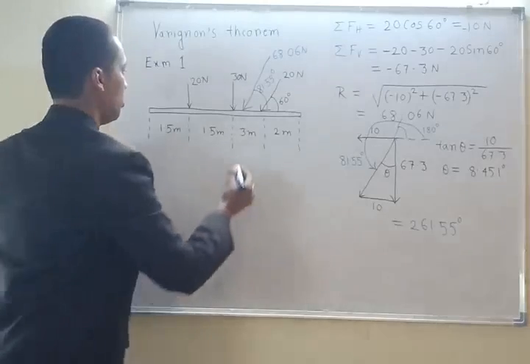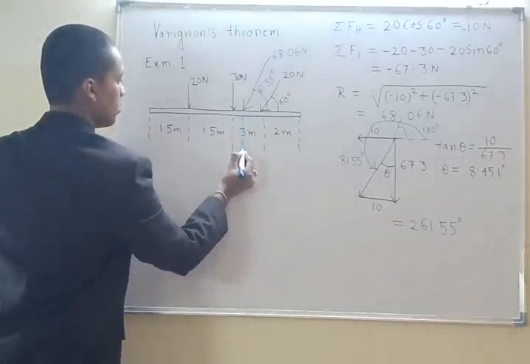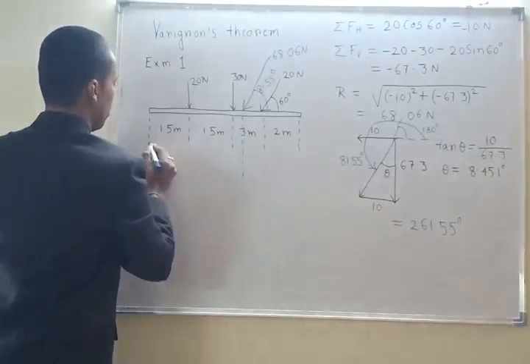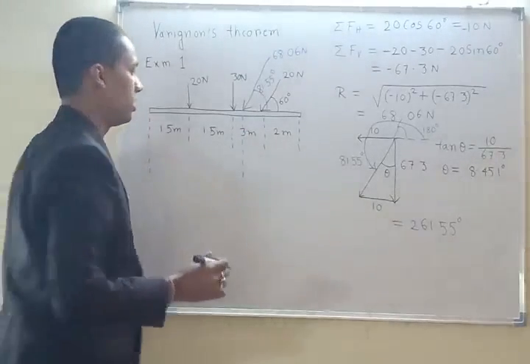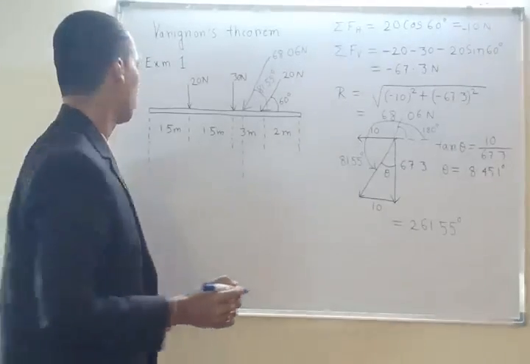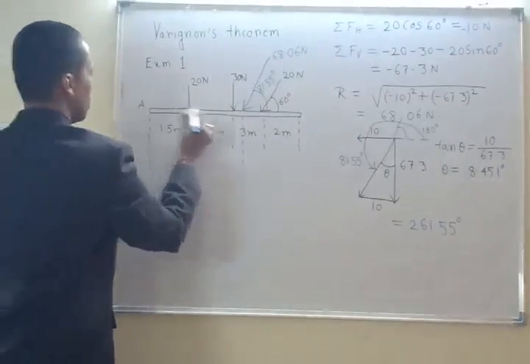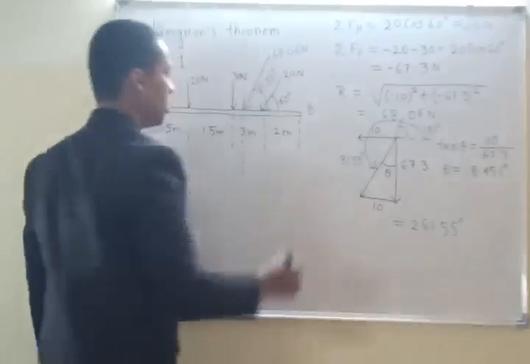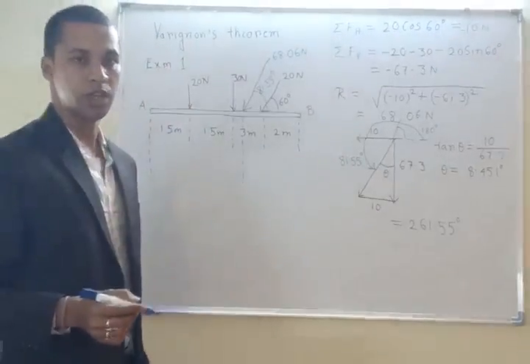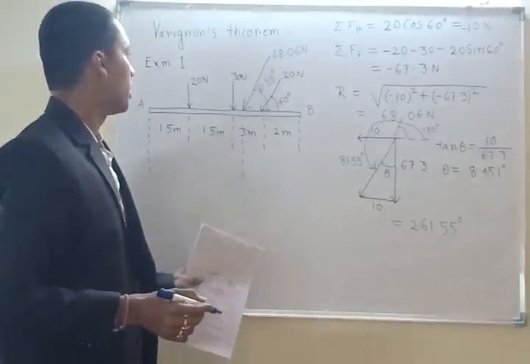Okay, so we have found this angle. So now what we need to find is at what distance, suppose this is A, this is B, from support A the resultant is acting.